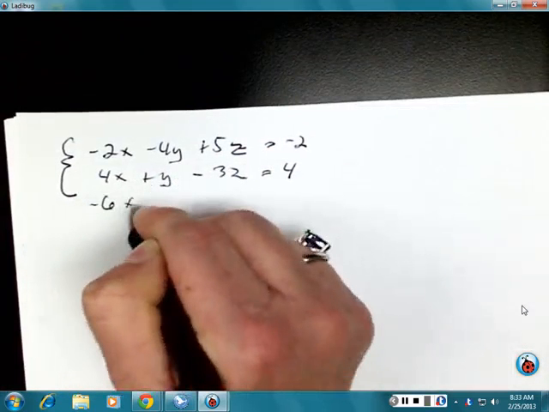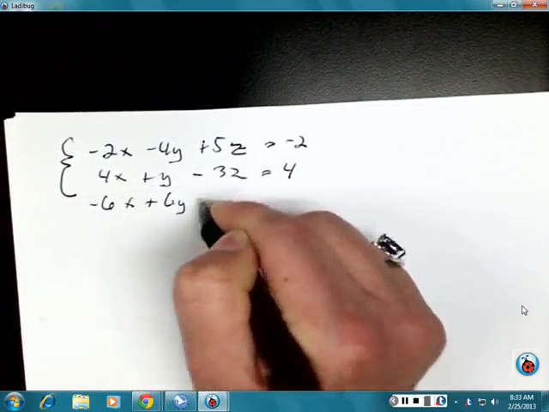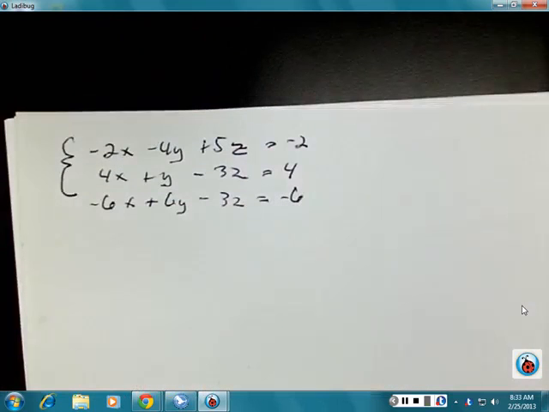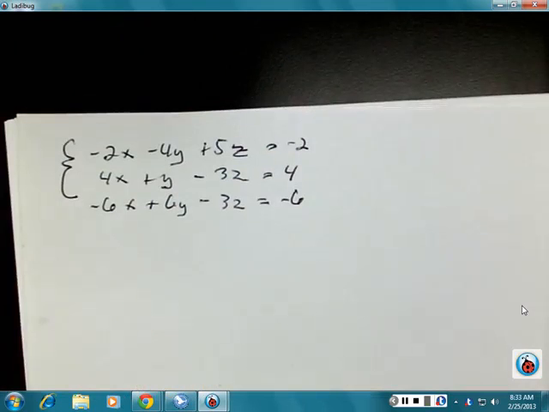And negative 6x plus 6y minus 3z is equal to a negative 6. So let's see what we can do on sticking those into our calculator to calculate out what our values would be for that.